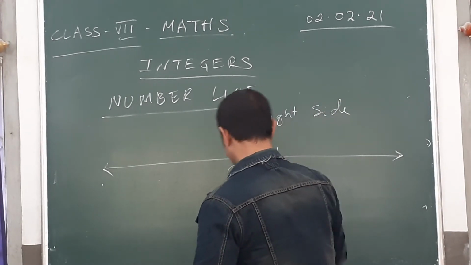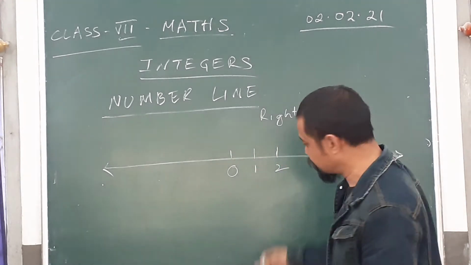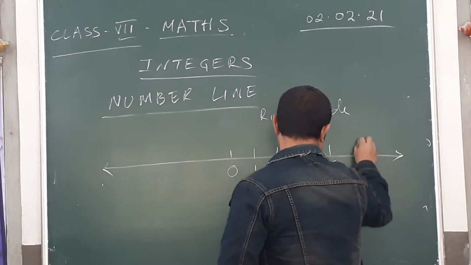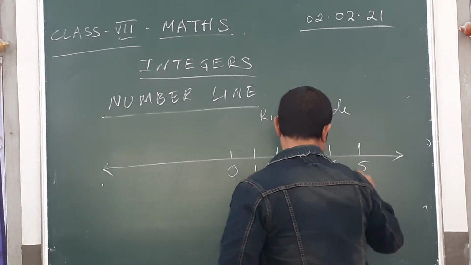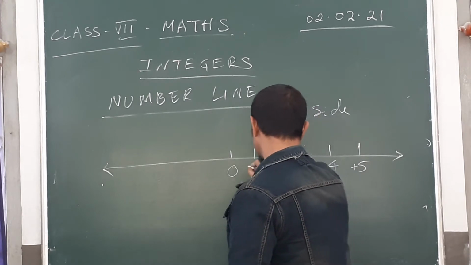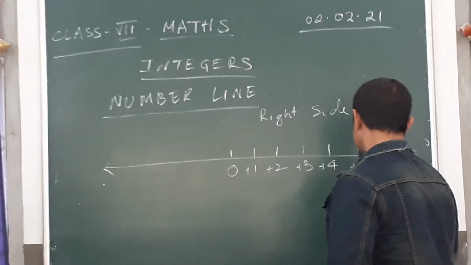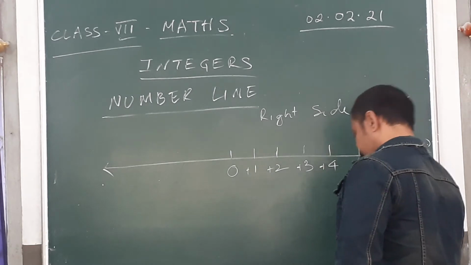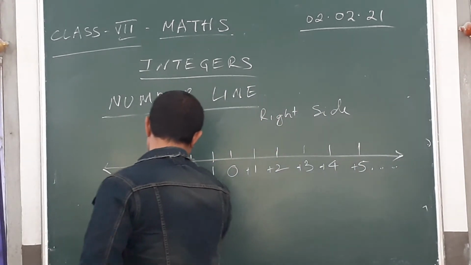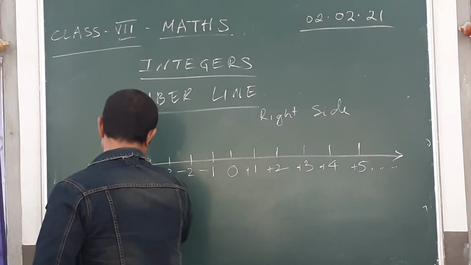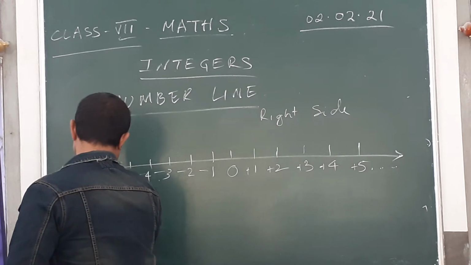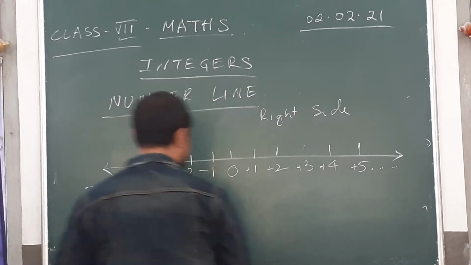I'm not going to write the sign for your convenience. But please understand that if you don't write any sign, it is understood that it is positive, as I've already told you. Okay, so on and so forth. And towards the left hand side, we have negative numbers, so on and so forth.